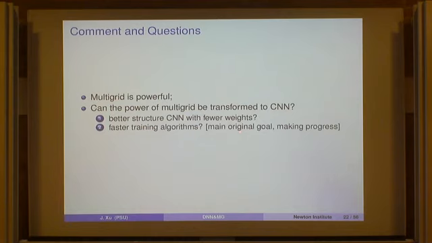I was trying to speed up the training algorithm, because the training algorithm is a gradient descent method. You can think of it like a smoother in multigrid. So now I think I know a few things about multigrid, and I can probably speed that up. It usually takes a few days to converge, millions and millions of iterations.